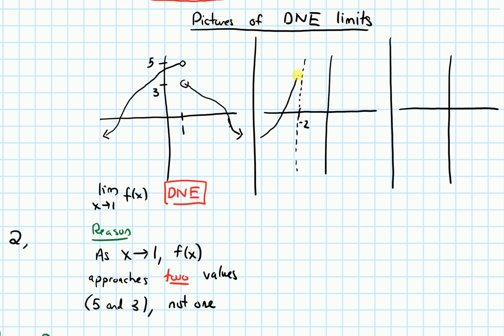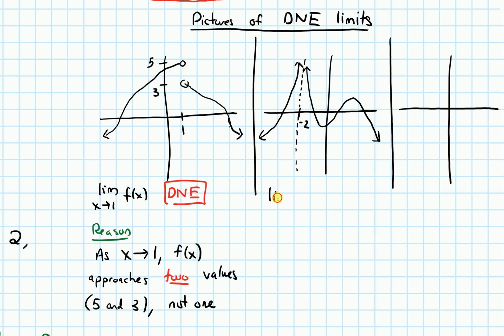Let's say that it goes up towards the vertical asymptote here. And maybe on the other side as well, it goes up towards the vertical asymptote. Even if it were to go down towards the vertical asymptote, it would still be an infinite type situation, and that's not what falls in the realm of the limit existing.